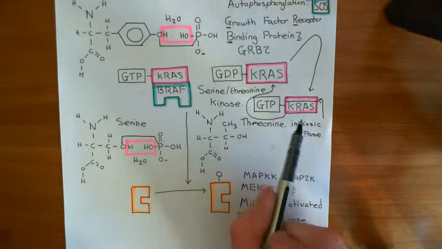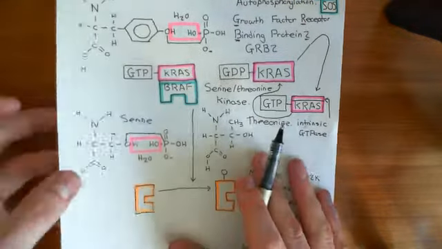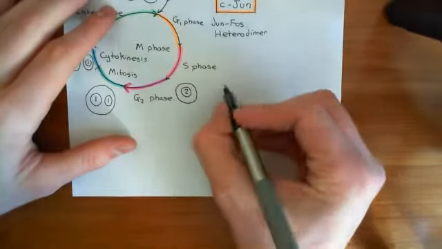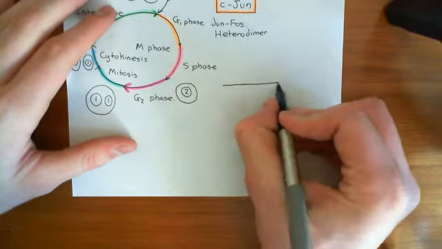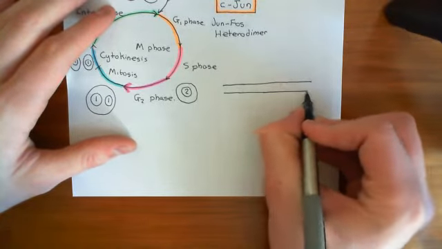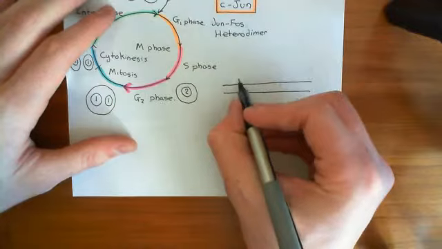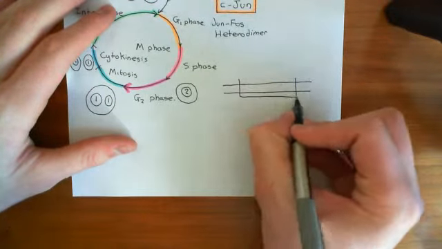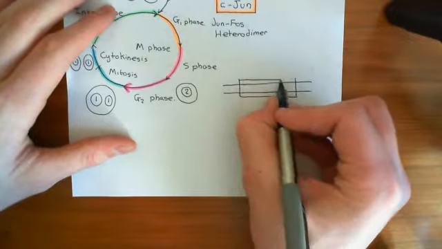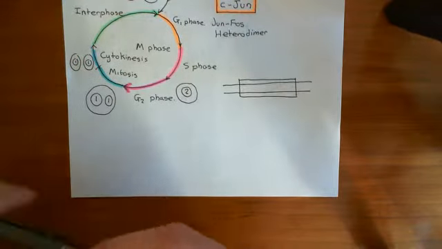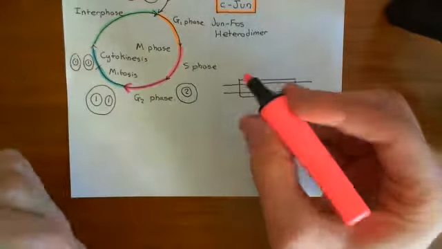Now, if you get a point mutation in the gene for KRAS, let me show you this. Let's say this is the KRAS gene on some chromosome. I don't actually know what chromosome KRAS is on, but it's not important for the argument.